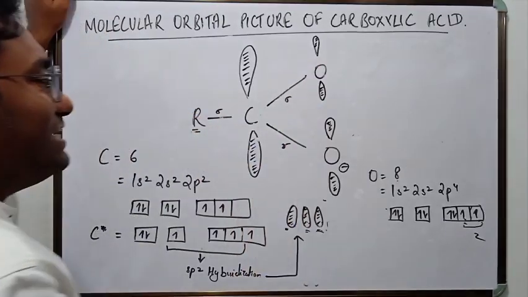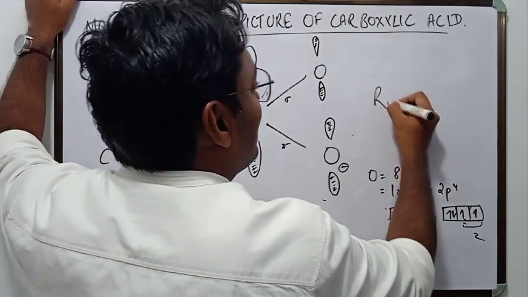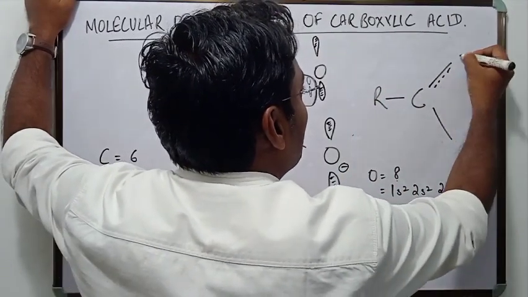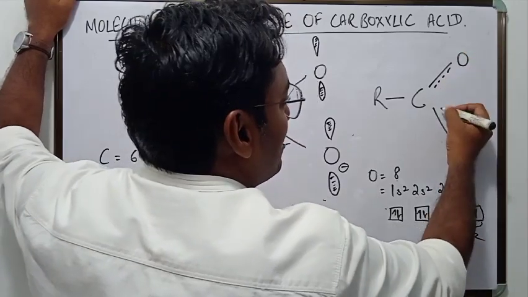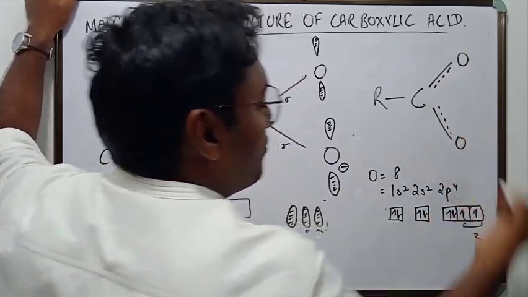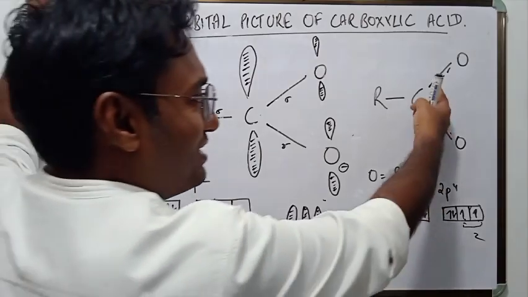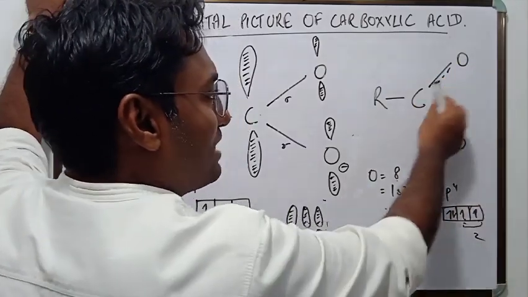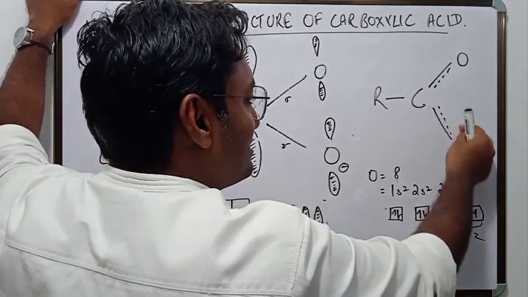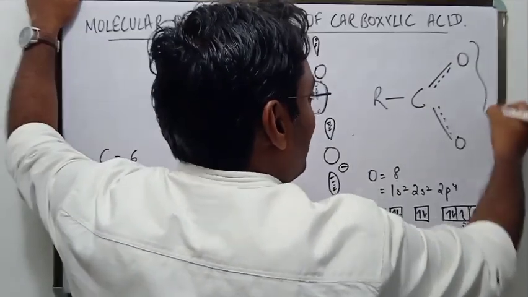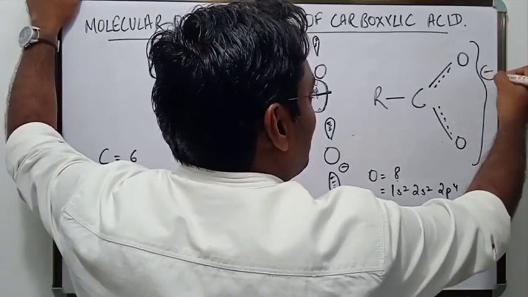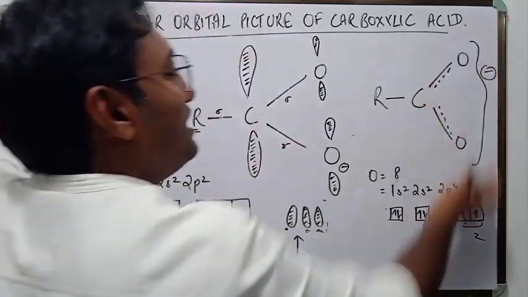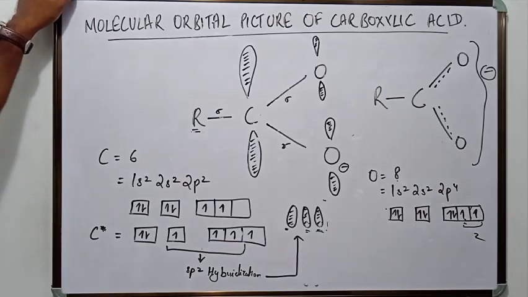And what is the net result? The net result is this. Sometimes this bond is formed, sometimes this double bond is formed. Sometimes there is a double bond here, sometimes there is a double bond here. And all the time, the negative charge is delocalized between the two oxygen atoms.